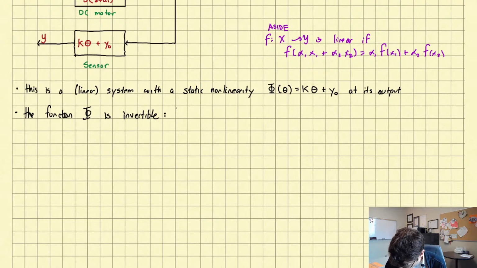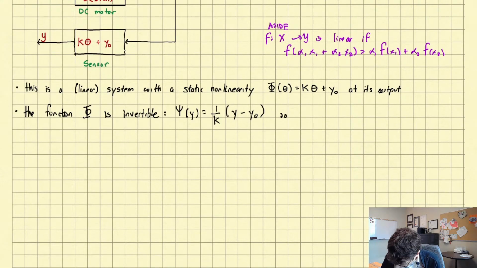And so we'll choose the symbol we were using last class, and we'll use it again for our inversion, capital psi. So in this case, it's this thing. And so when we compose these two functions, we get the identity function.